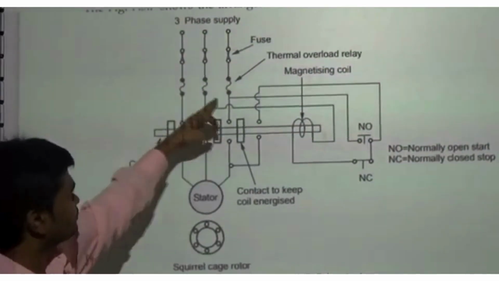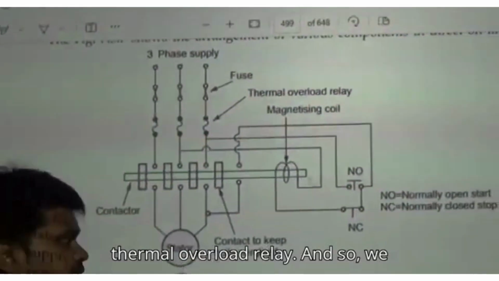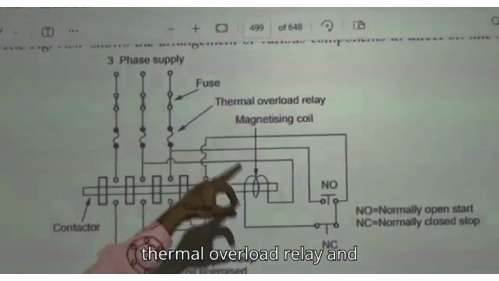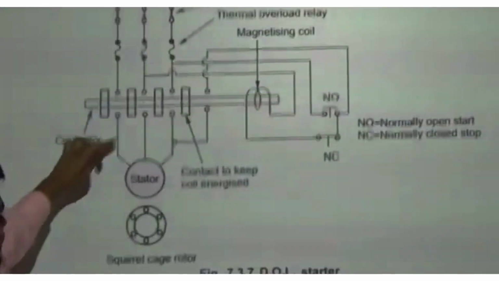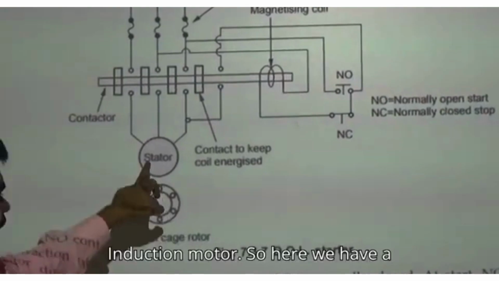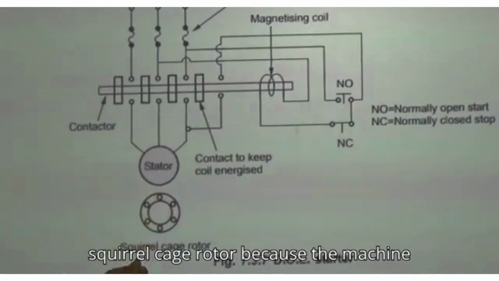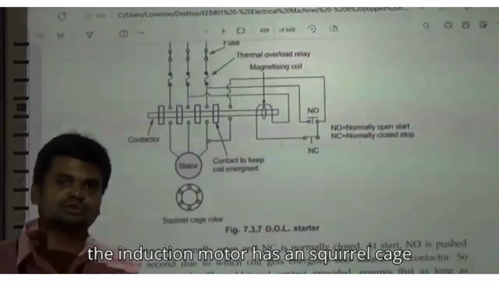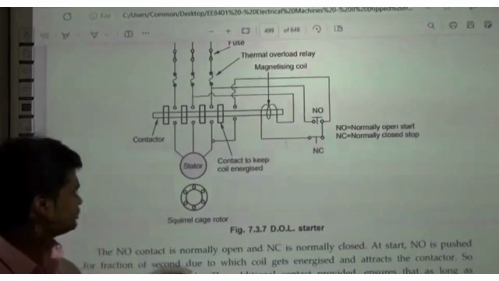Then we have a thermal overload relay, and a contactor with an arrangement of thermal overload relay, and it's directly connected to the induction motor. Here we have a squirrel cage rotor because the induction motor is a squirrel cage type.